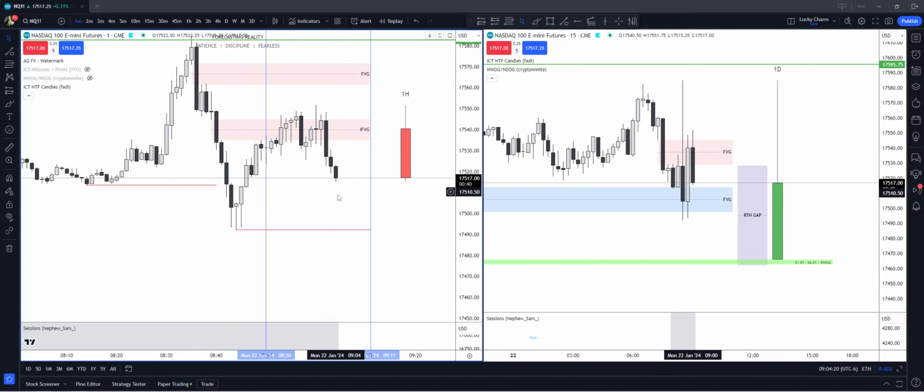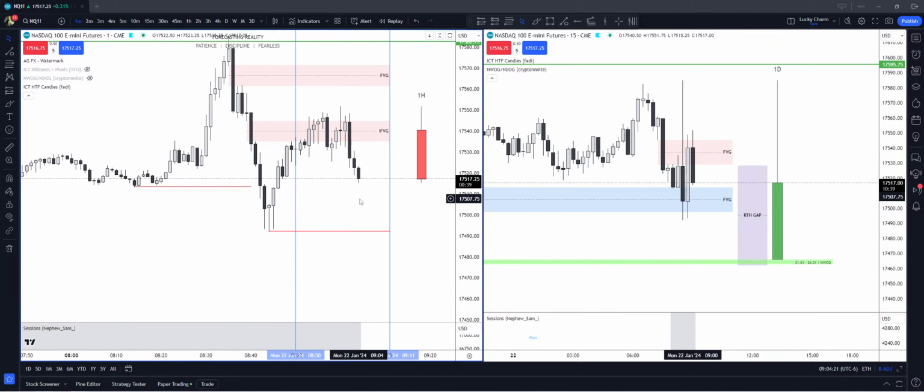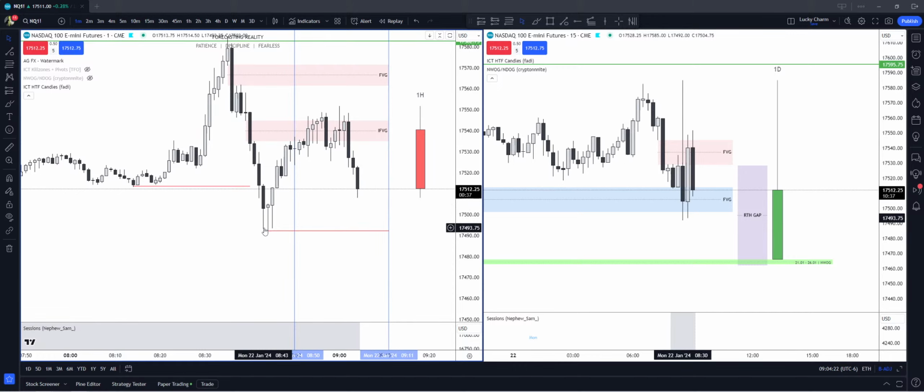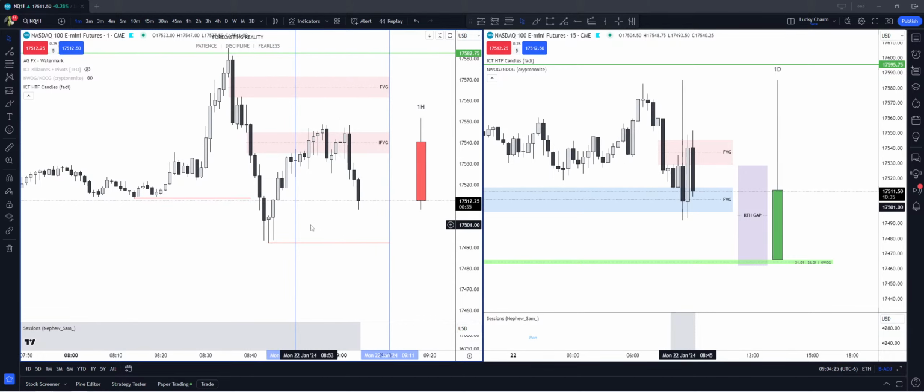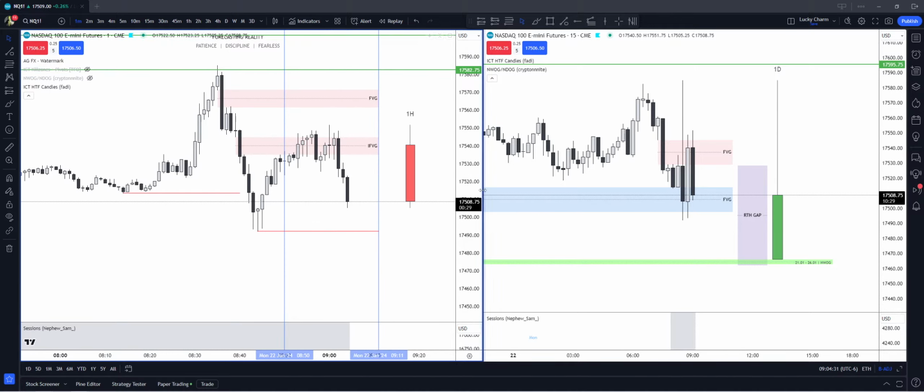So we're inside of that macro still. As far as it looks, we're going to want to head towards the sell side. But there's nothing in here in real time that would have told me to long or short this. I could have made a case for both.